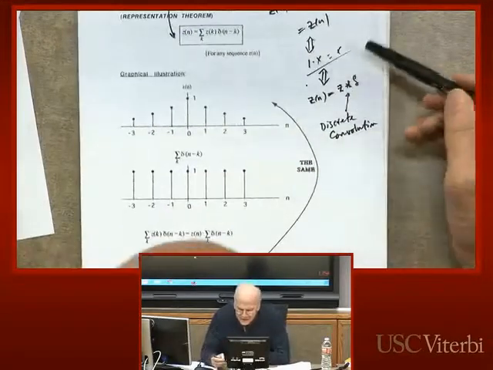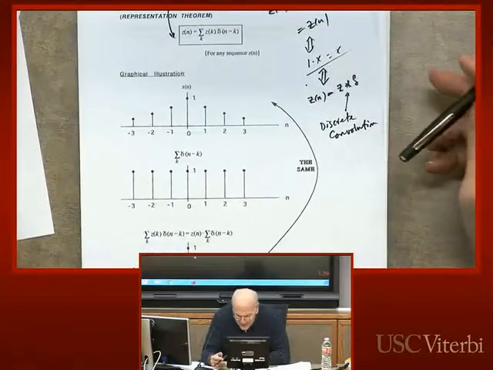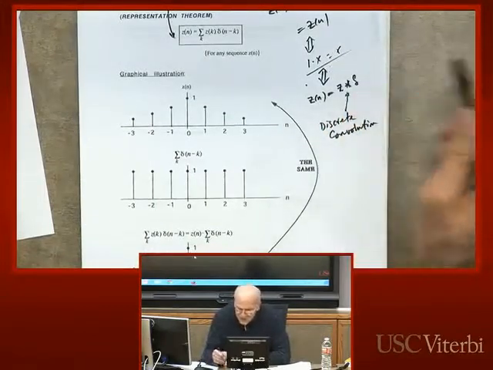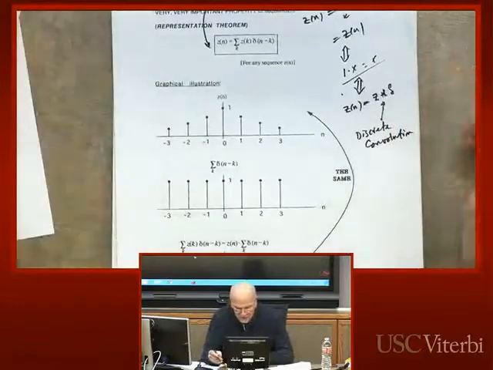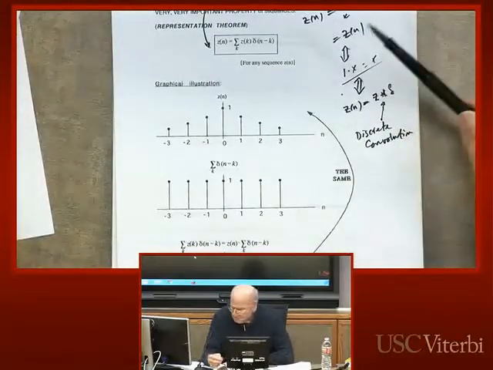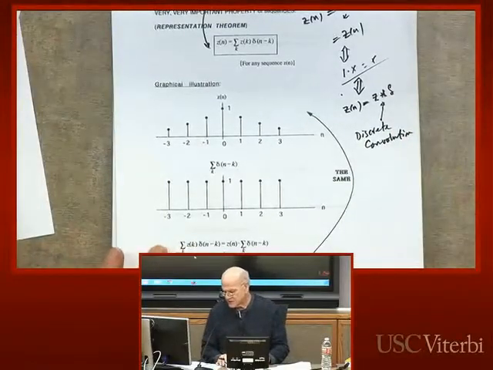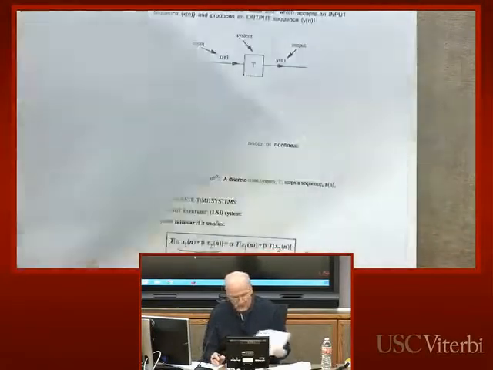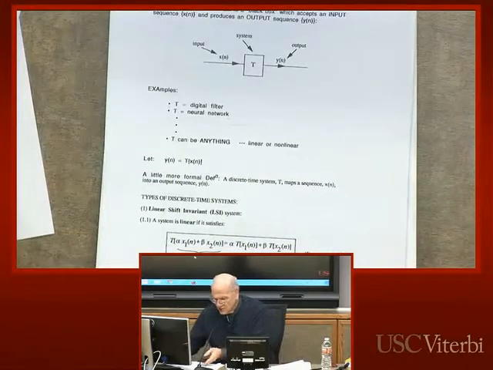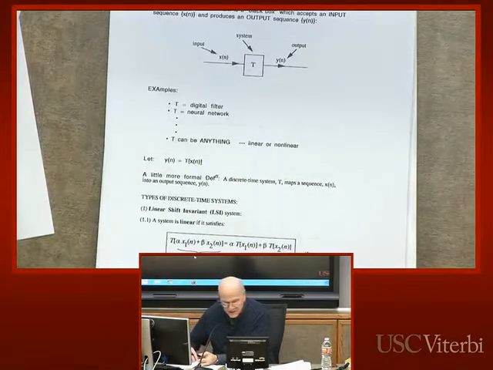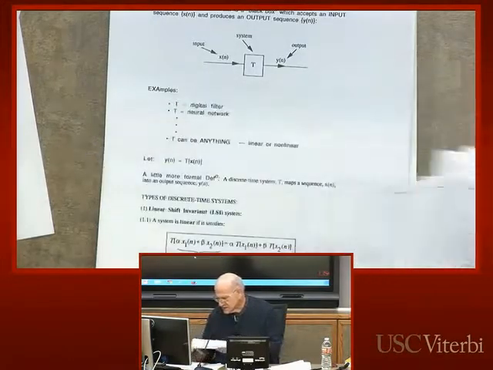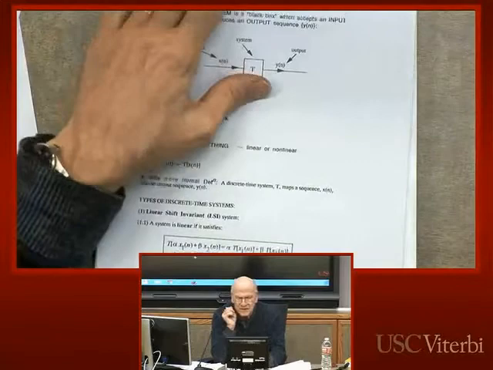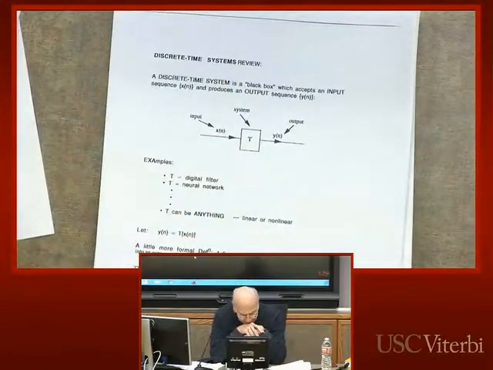So that identity, x equals 1 times x, is analogous to z equals z convolved with delta. So anyway, that's the representation theorem here. This is just a graphical illustration of it. But we use that because it sets us up to discuss discrete time systems, especially systems with certain properties.